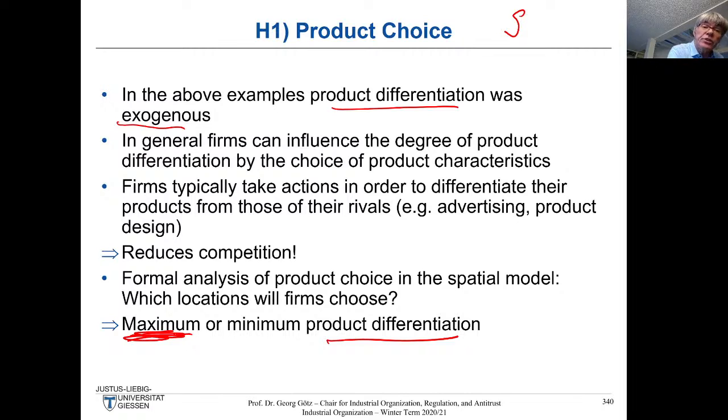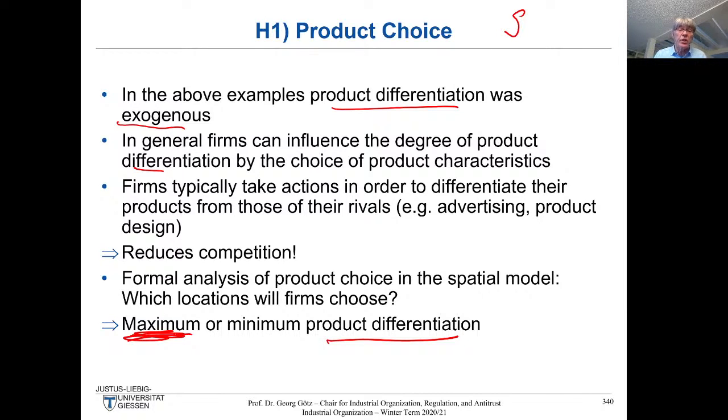So the point is, in general, firms can influence the degree of product differentiation by choosing these product characteristics. We will later on discuss these product characteristics in a little bit more detail, apart from simple location. Firms typically take actions in order to differentiate their products from those of their rivals.